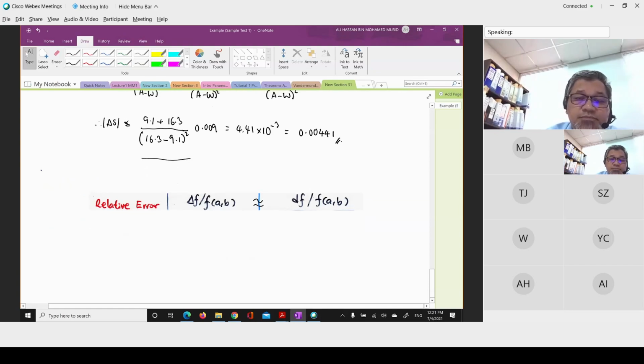So for this problem, delta S divided by S, where A is 16.3 and W is 9.1.